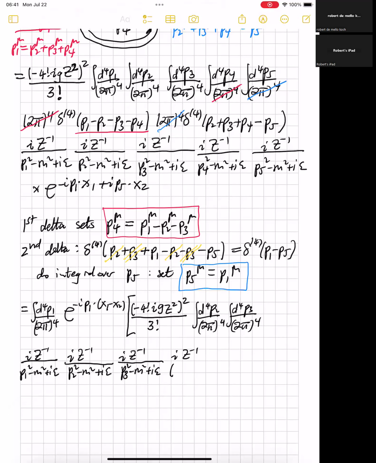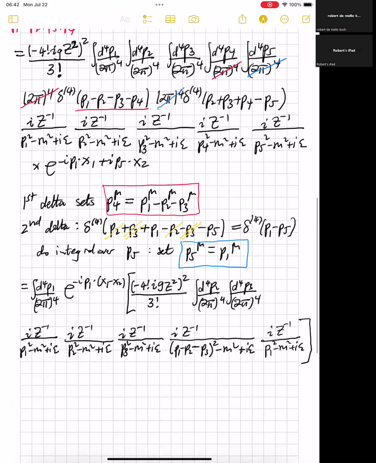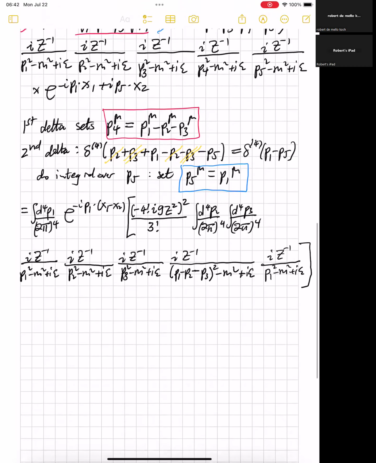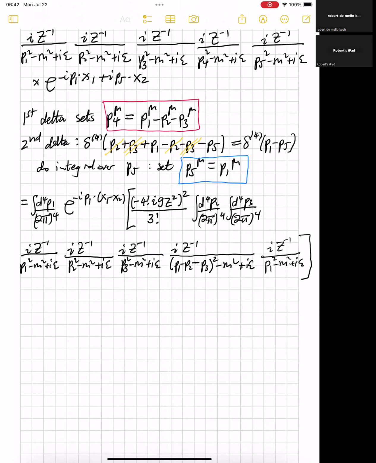Then for p4, we should use the result after we have used the delta function to replace p4 by p1 minus p2 minus p3, and then minus m squared plus iε. You've got one more propagator, and here we should replace p5 by p1, again because of the delta function. So that's the answer after integrating over the two deltas, and you can see it looks nice and simple, okay?